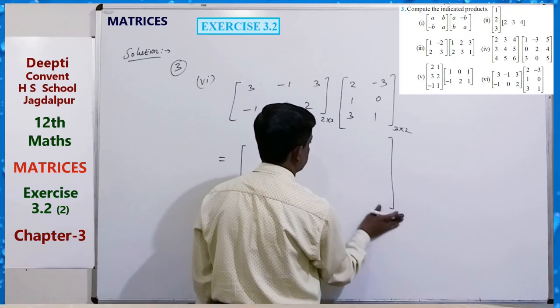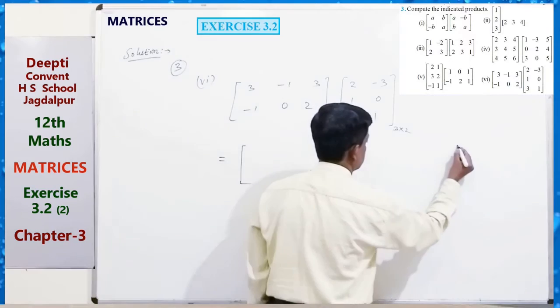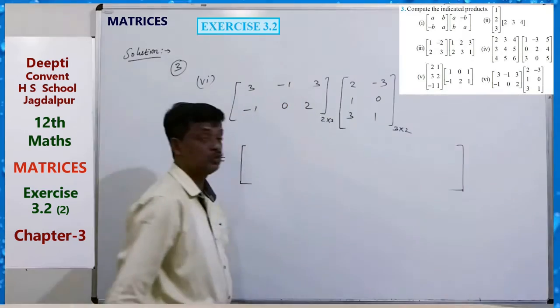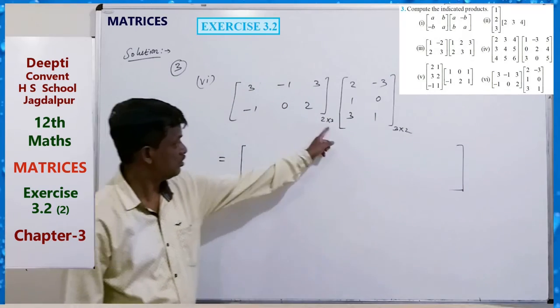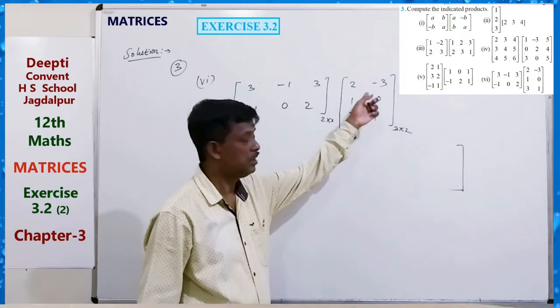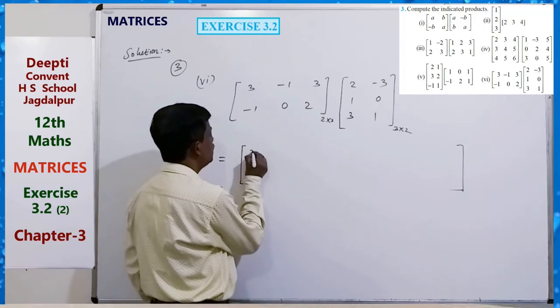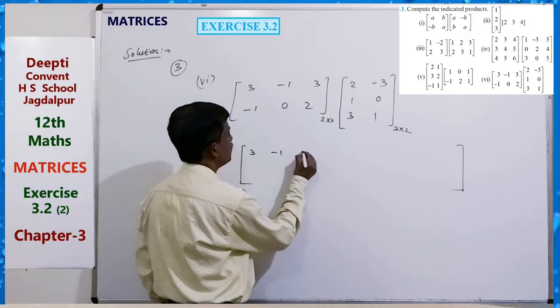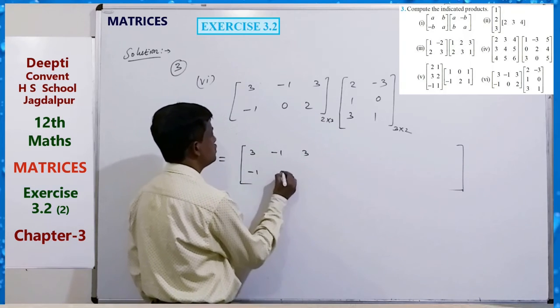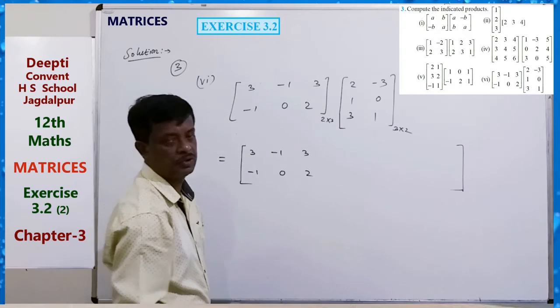Because 3 is omitted, and the number of columns here is 2, we write the first matrix 2 times: 3, minus 1, 3 and minus 1, 0, 2, 2 times, because there are 2 columns, row by column.